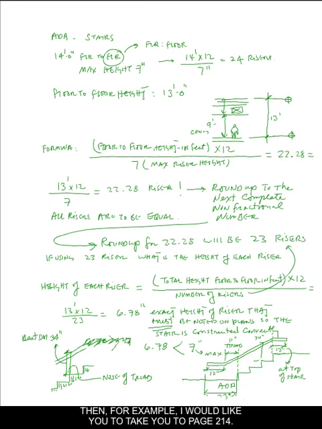Then, for example, I would like you to take a look at page 214. When you are in a theater or any other space, you will see that the top row is allocated for the person with disability because the change of level simply is impossible to accommodate in a step-down amphitheater condition. So the top row belongs to the ADA.